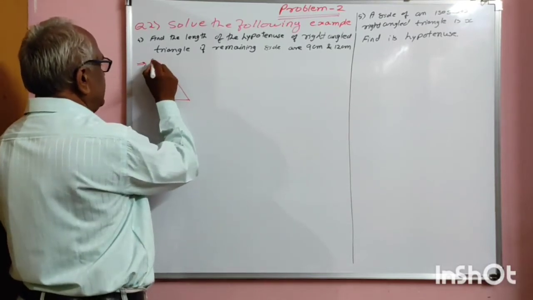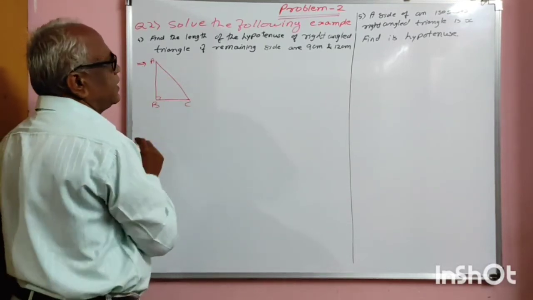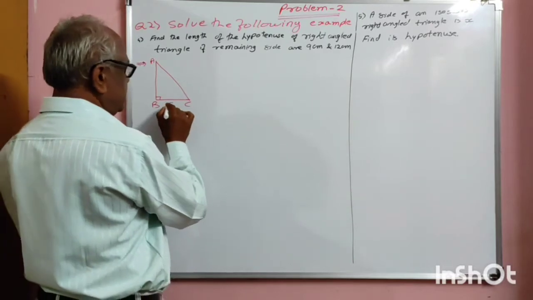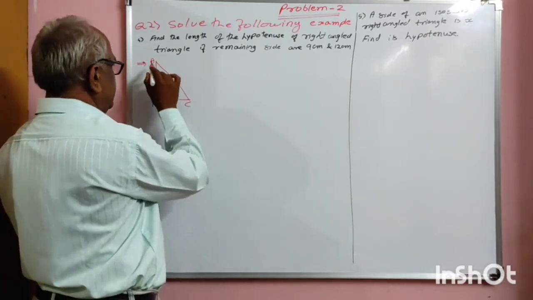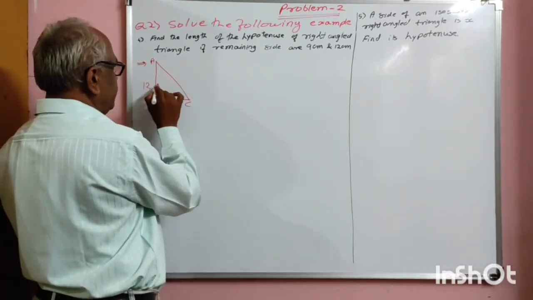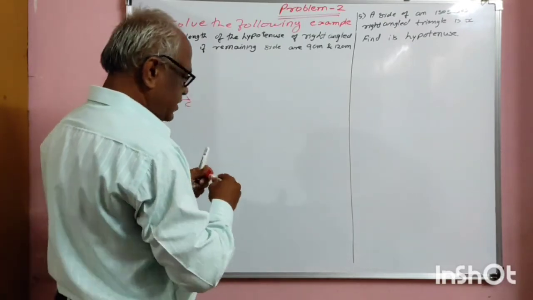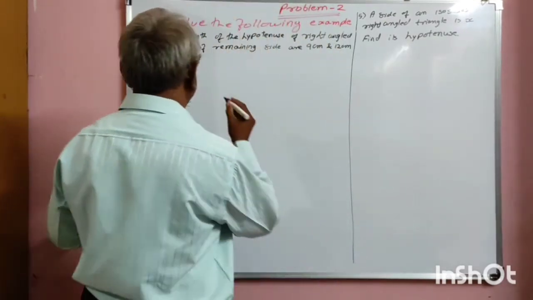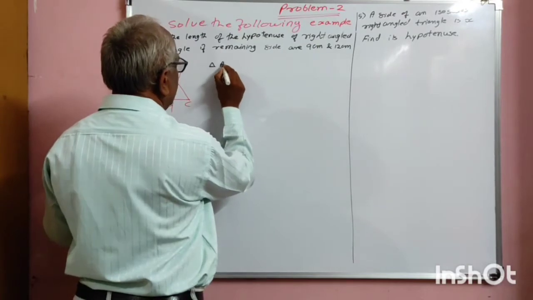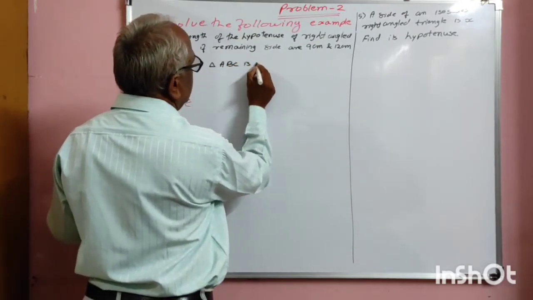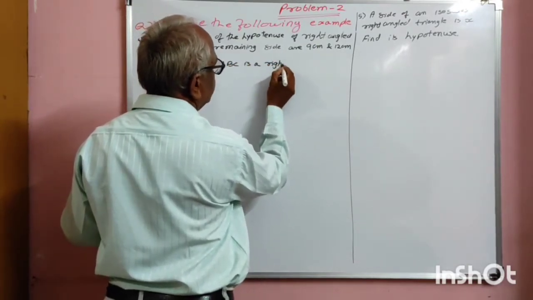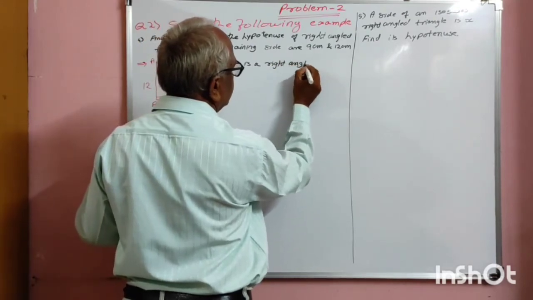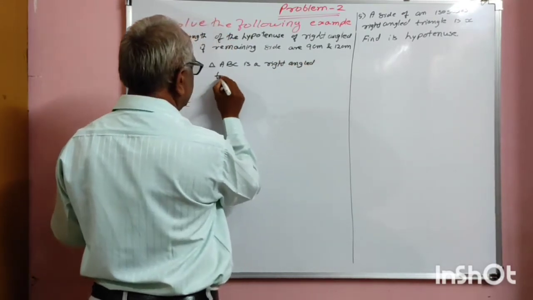A triangle ABC is a right angled triangle, that is BC is 9, AB is 12. Find AC. Now here as it is given, triangle ABC is a right angled triangle.